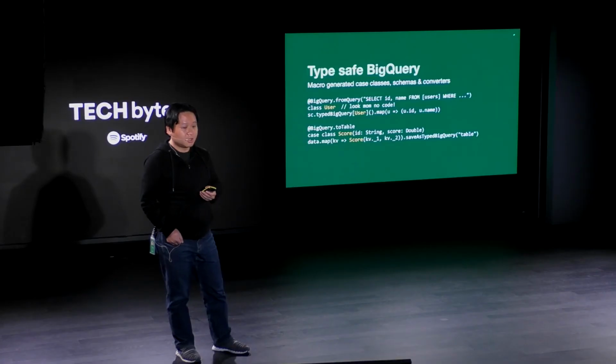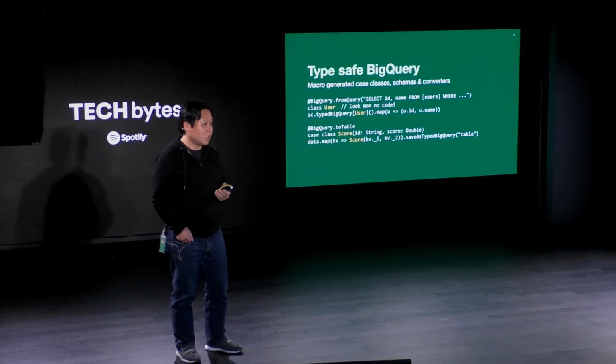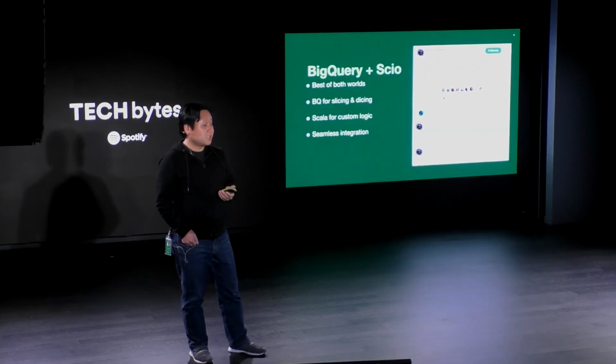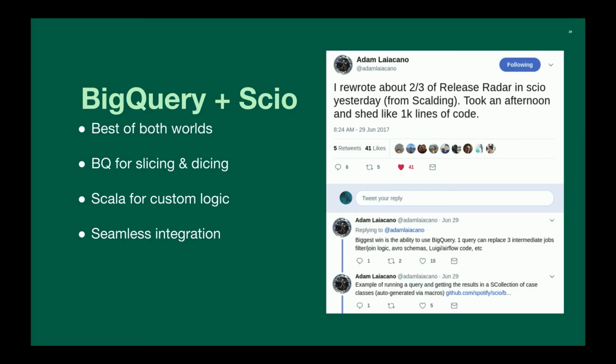And this gives us pretty high confidence that if our code compiles, it's actually checked against the actual data schema in the service, and we know the code will likely run correctly, and we're unlikely to run into any cast errors or null pointer exceptions, common errors that you run into in big data pipelines.